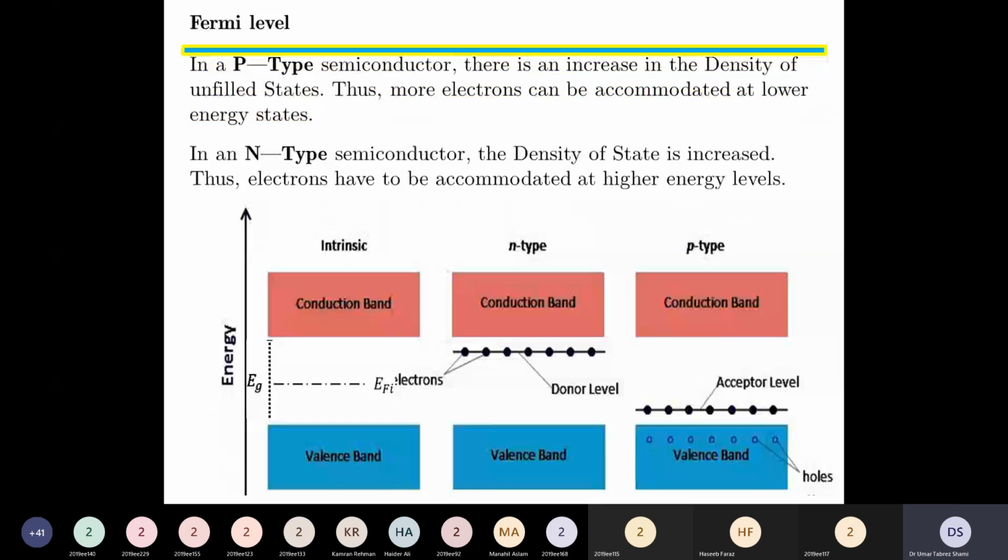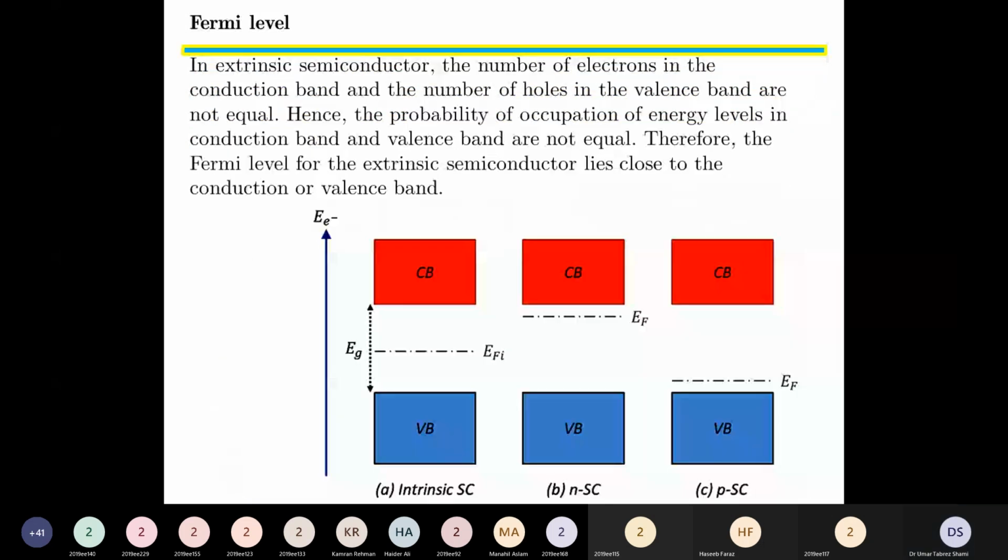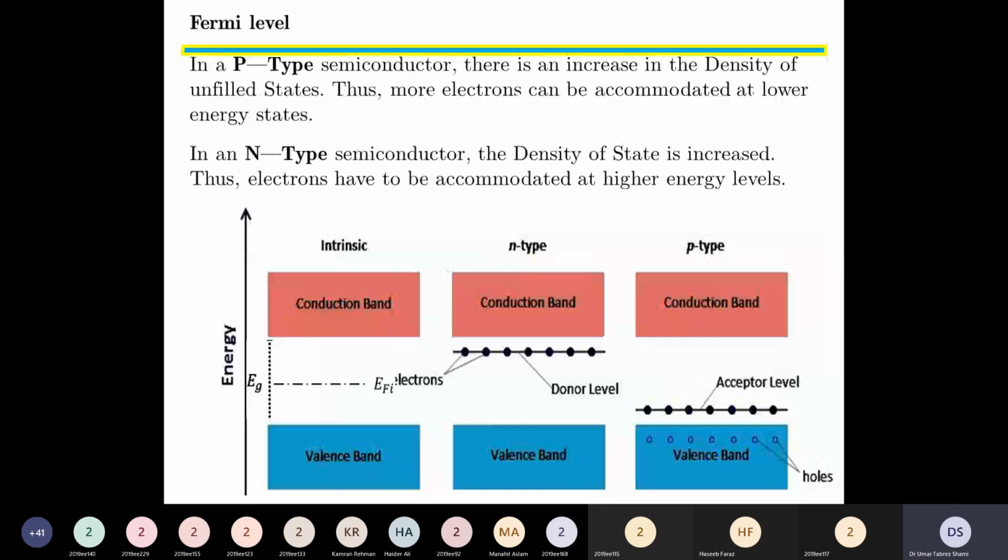So, just as a summary जो अब तक हमने काम किया कि in p-type material there is an increase in density of unfilled states, thus electron can be accommodated at lower energy levels. ये p-type material है, ये आपका Fermi level है. यहाँ पे ज़्यादा होल्स अवेलेबल हैं और इलेक्ट्रॉन इधर आ सकते हैं.